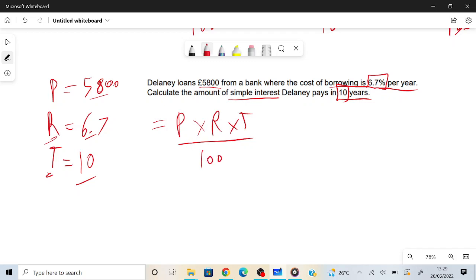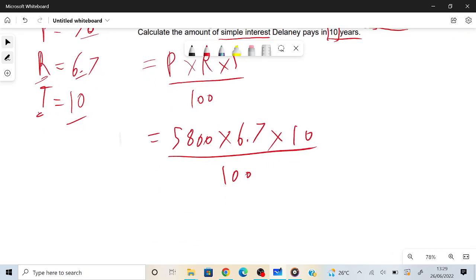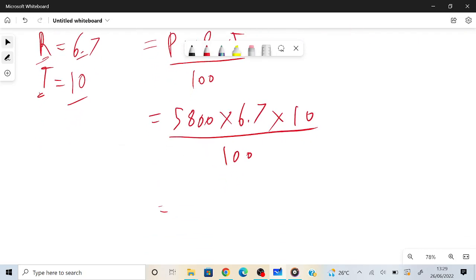Your P is 5,800 times your rate, which is 6.7, times your T, which is 10, all over 100. And doing the needful, put this in your calculator. Please be careful while you're inputting the values. Make sure you put and click the correct numbers, because this can result in very awful mistakes. I've been part of one myself.